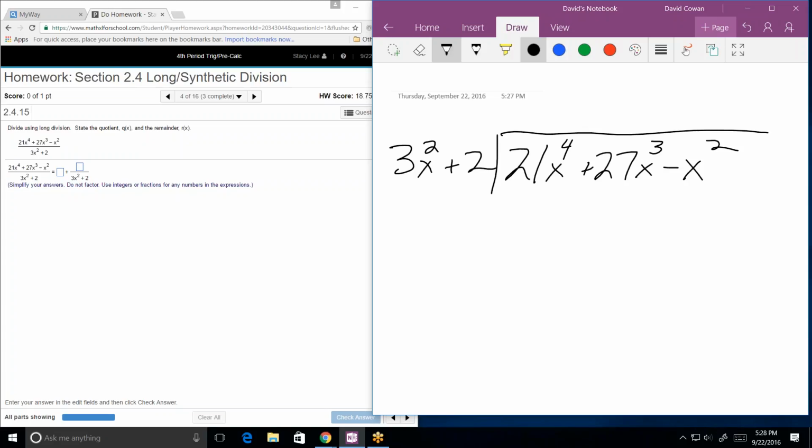Let's see how this division works. I'm going to stick a dummy variable in here. So my divisor is now 3x squared plus 0x plus 2, and in my dividend, I'm going to add a 0x and a 0.